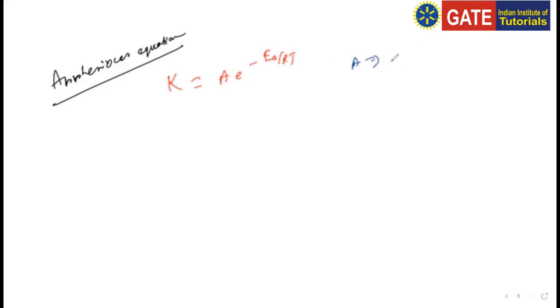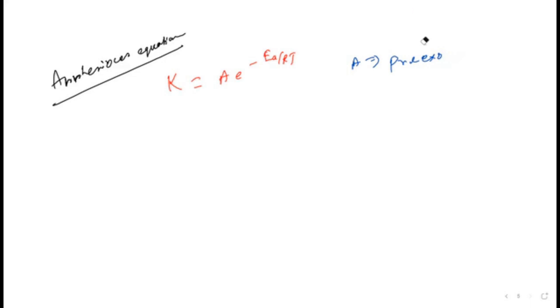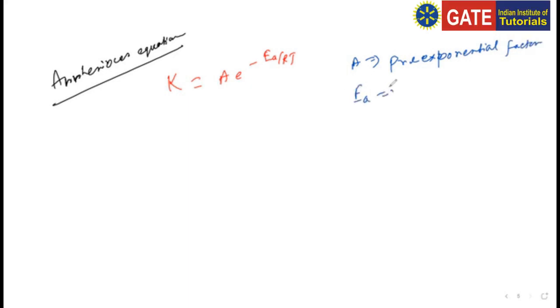A is called the pre-exponential factor. Ea is the activation energy.